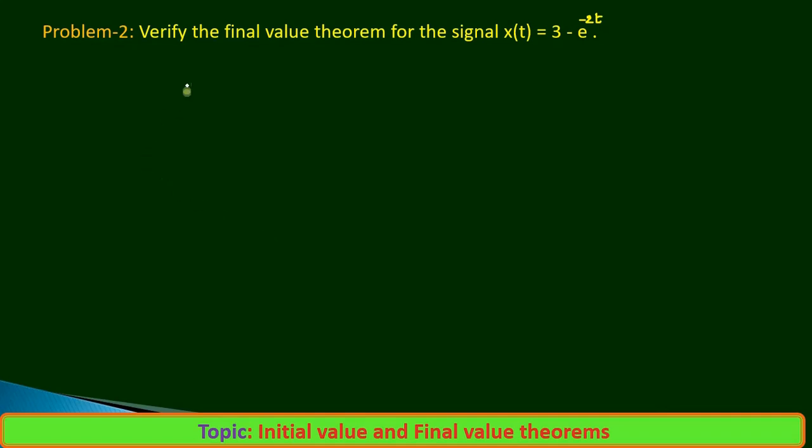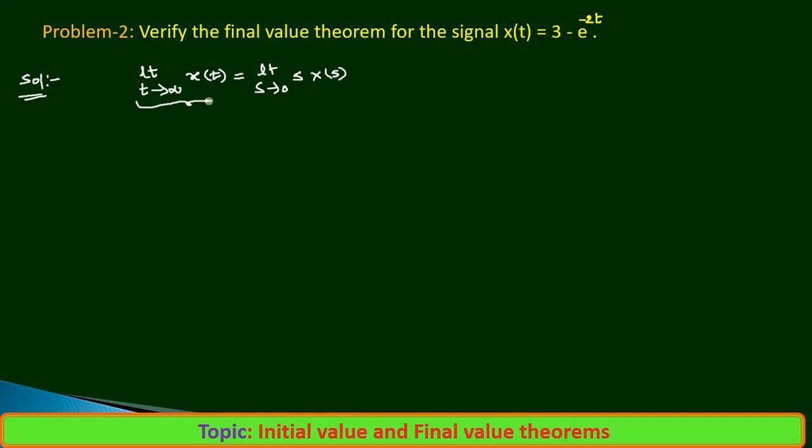As a second problem, we verify the final value theorem for the signal x(t) equals 3 minus e^(-2t). For the solution, as we did in the previous case, we write the final value theorem of Laplace transform: limit t tends to infinity of x(t) equals limit s tends to 0 of s times X(s).